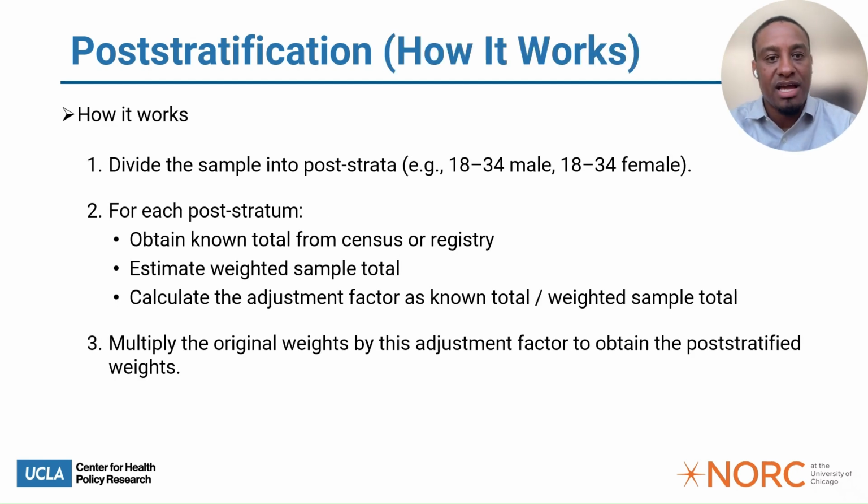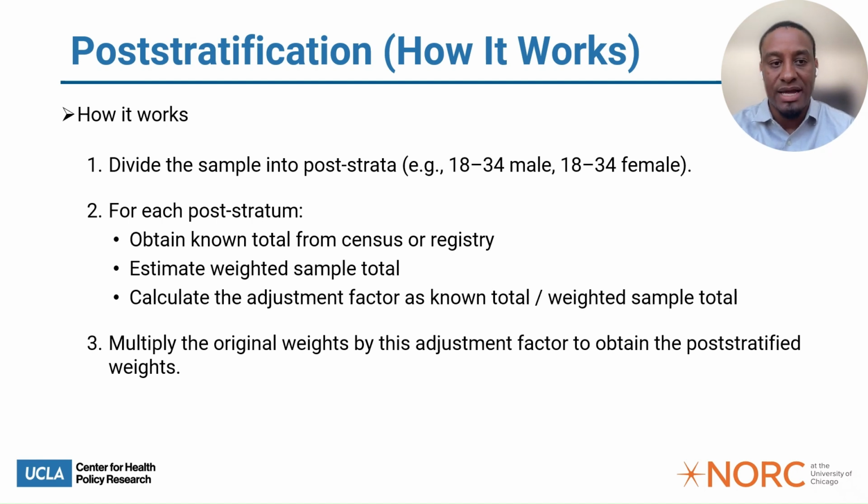Let us use this sample example to illustrate how post-stratification works. So let's consider this sample. We have two groups, 18-34 male, and the second group is 18-34 female. To post-stratify in each group, we will obtain the total from a trusted source, for example, the census or registry or some administrative data. Then we will estimate the total number of units from our sample.